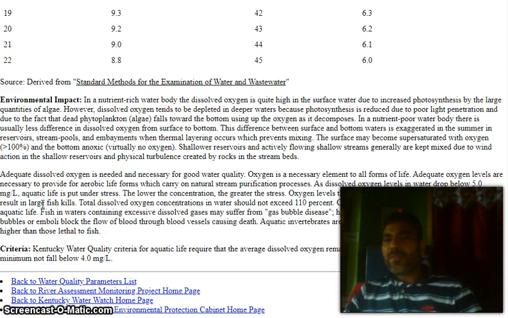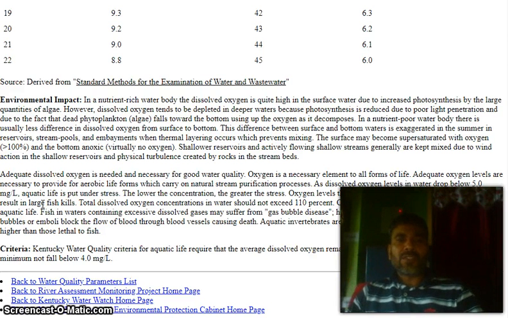The surface may become supersaturated with oxygen and the bottom have virtually no oxygen. Shallower reservoirs and actively flowing shallow streams are generally kept mixed due to wind action in shallow reservoirs and physical turbulence created by rocks in the stream beds.